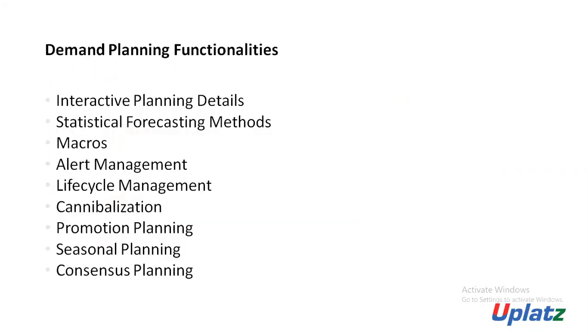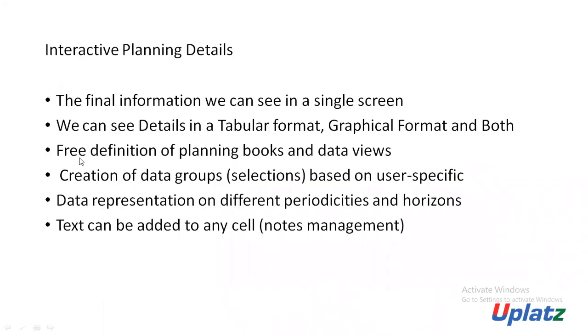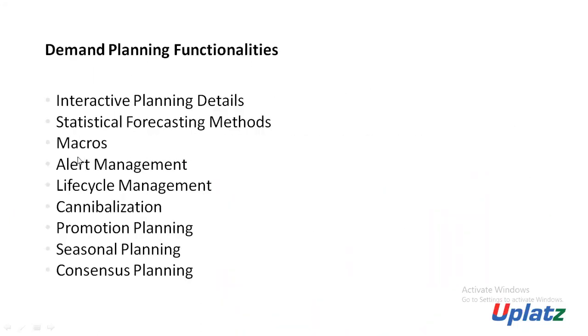We have important features like macros, alert, life cycle management. These three I am going to cover in the configuration part. For today, I will take care of life cycle management.